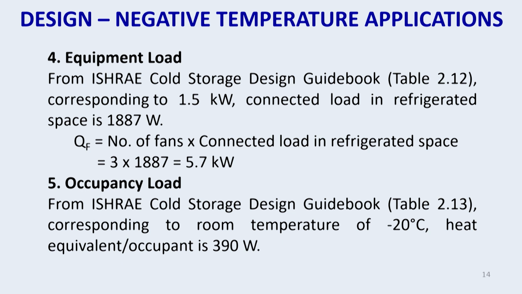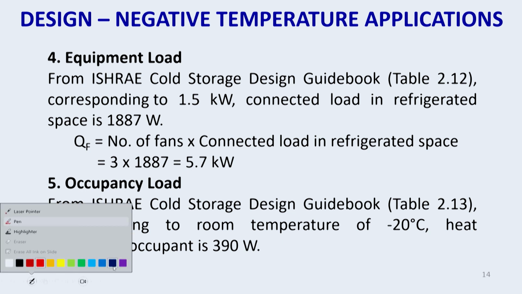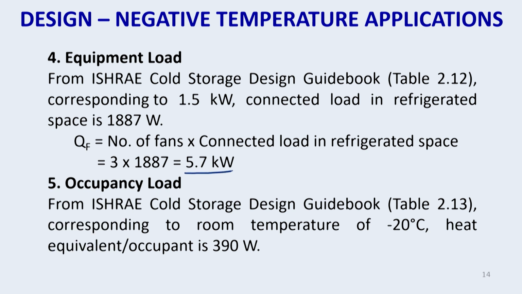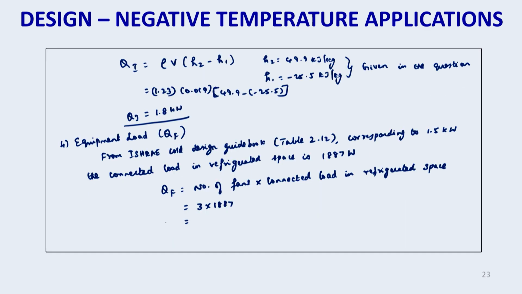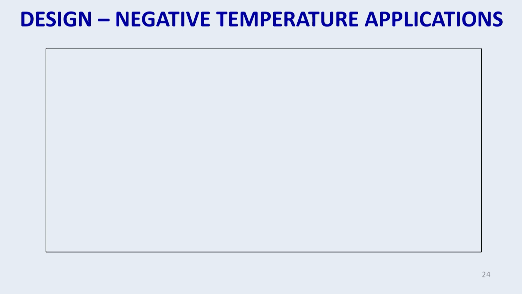Multiplied by 3, we get 5.7 kilowatts. QF is equal to 5.7 kilowatt. Now we have to calculate the sixth load.